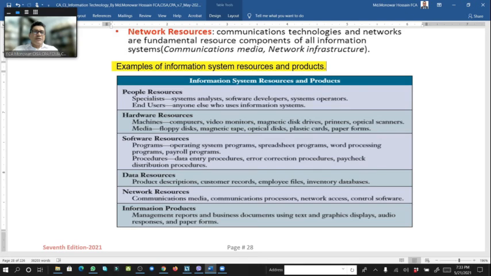Okay, so network resources: communication media, communication processes, network access control software, etc. And look at the network resource.